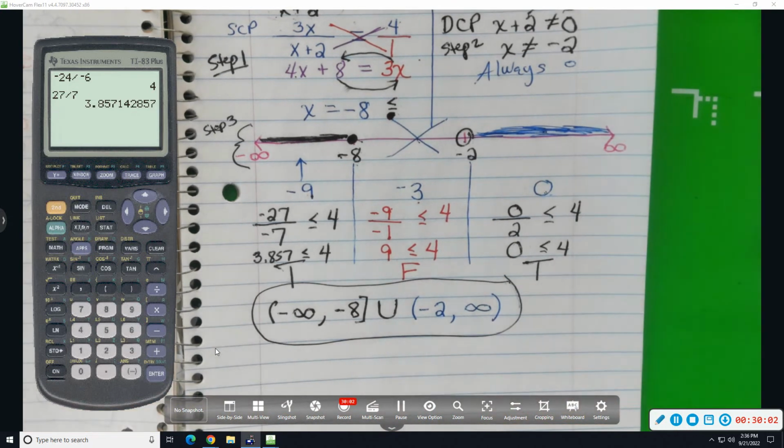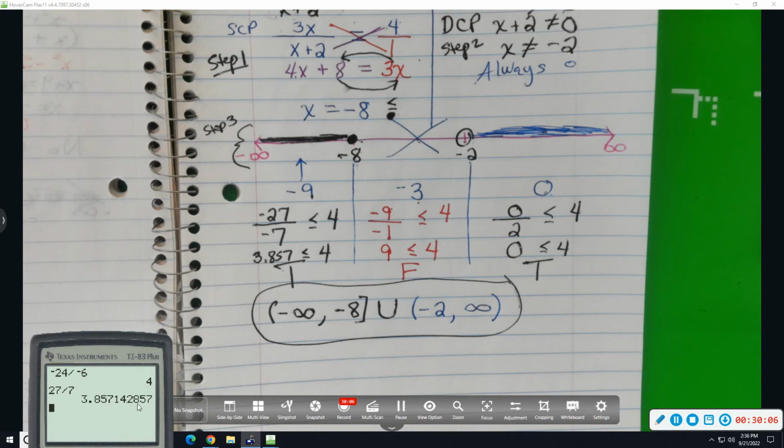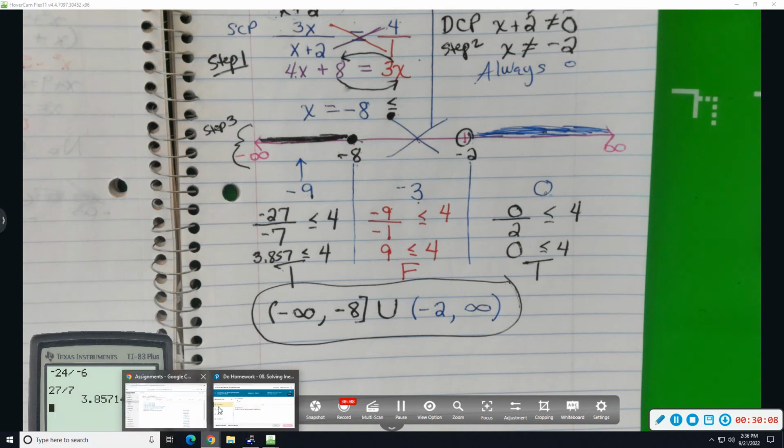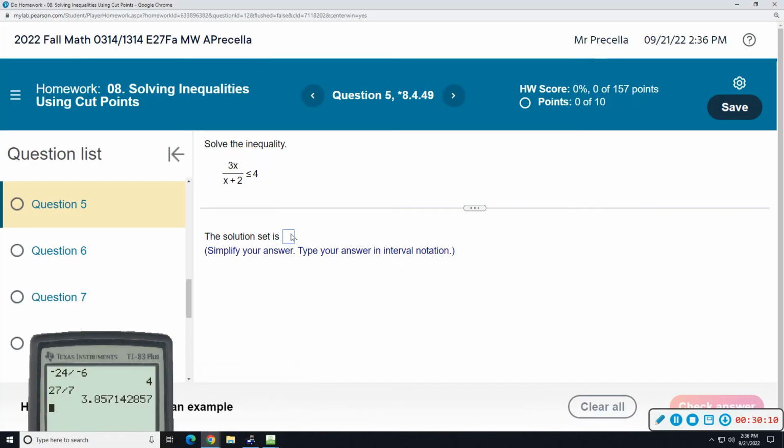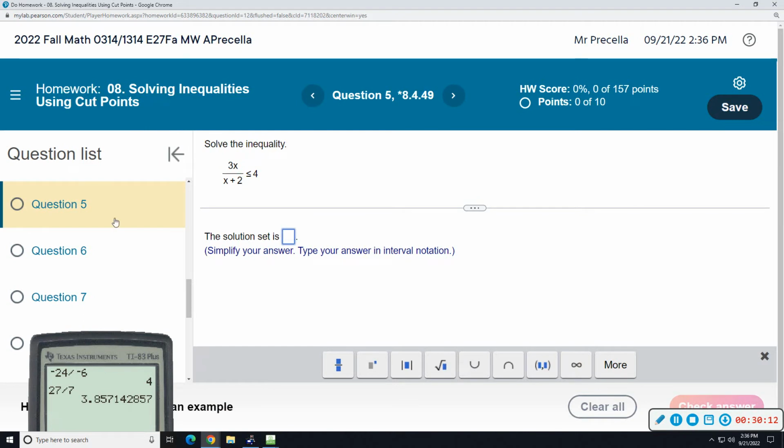Let me punch that in so y'all can be confident that I'm doing these correctly. See, parentheses, negative infinity, comma, negative 8, bracket. I'll just use the square bracket that's on the keyboard.